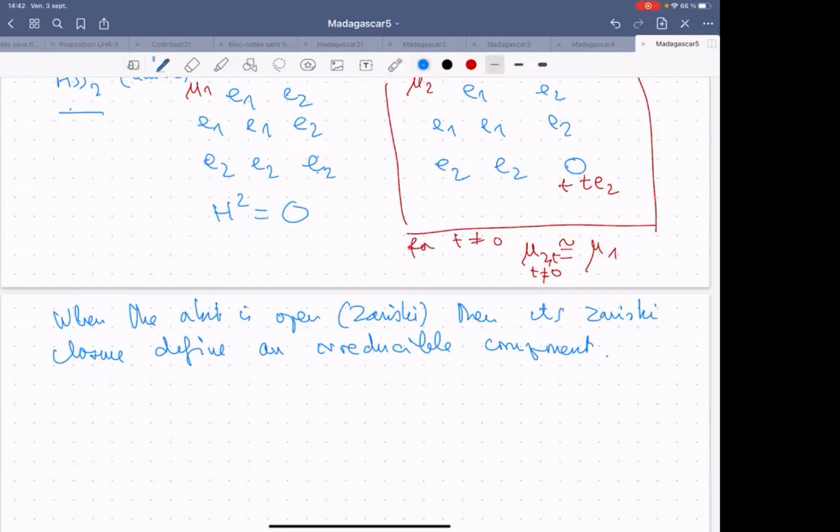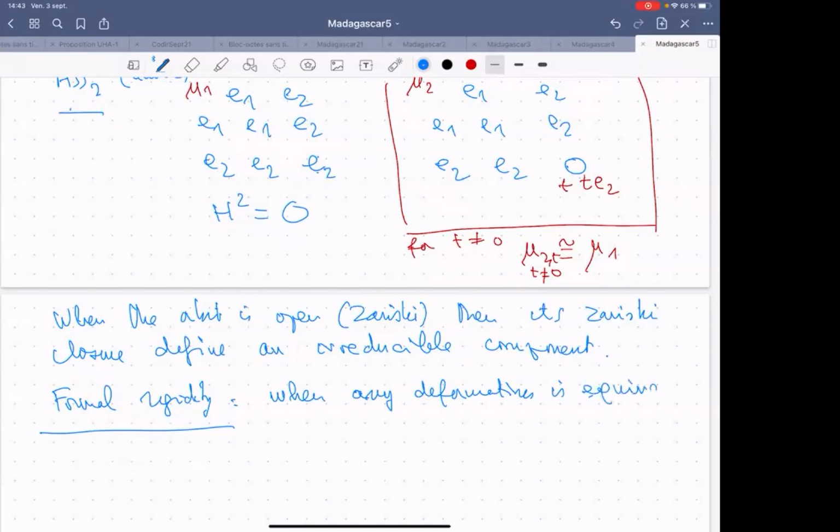And the last concept here is the formal rigidity. We have formal rigidity when any deformation is equivalent to a trivial deformation.